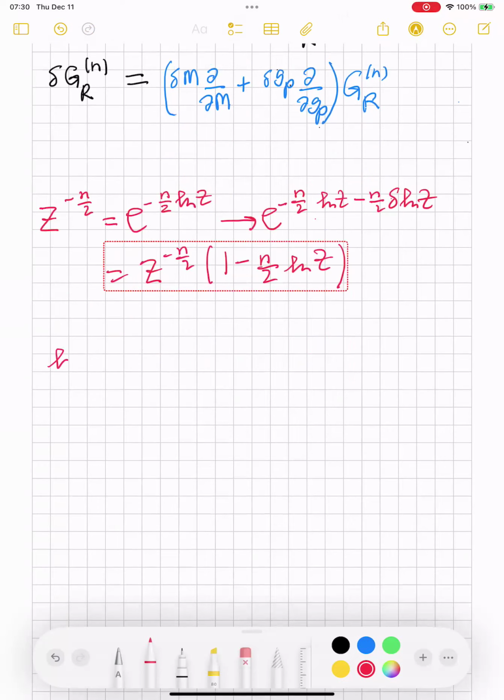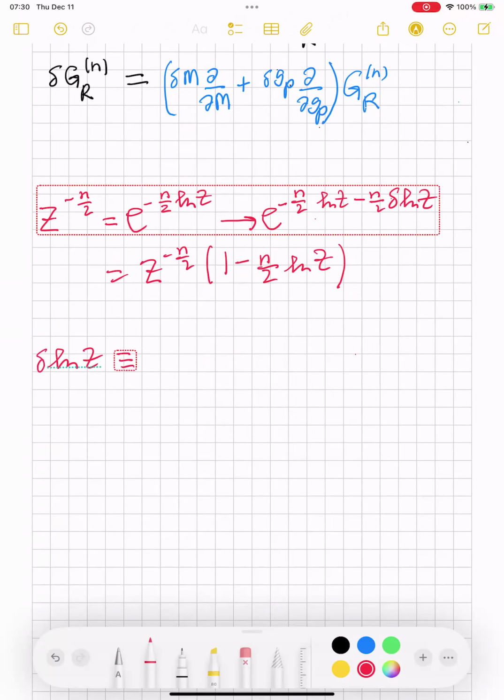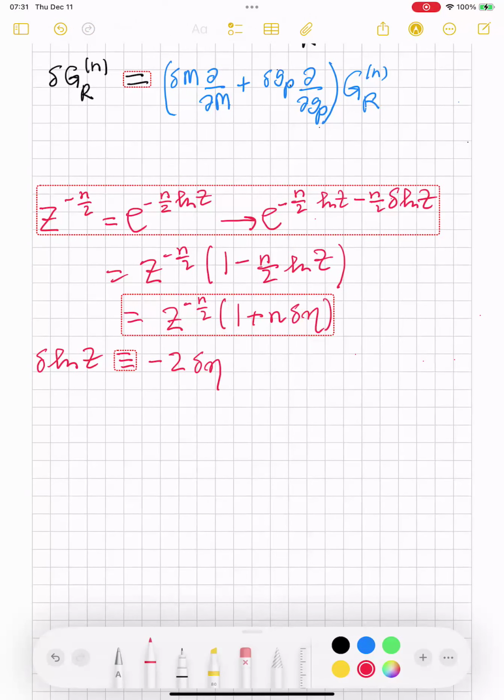We say that delta log Z is equal to minus 2 delta eta, so that this equation in red becomes Z to the minus n over 2 times (1 plus n delta eta). So this is how Z to the minus n over 2 changes.